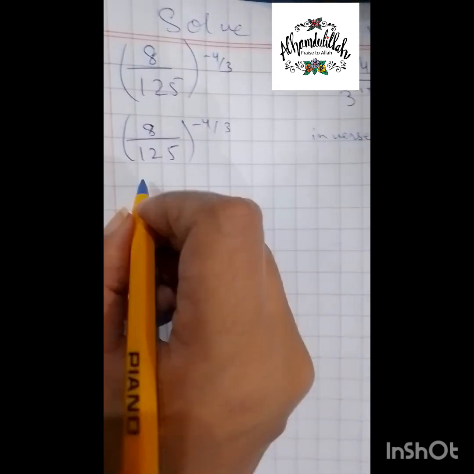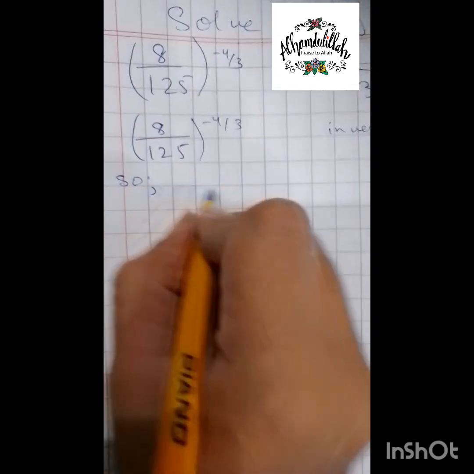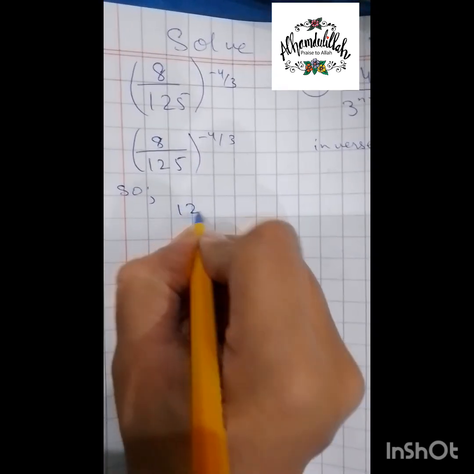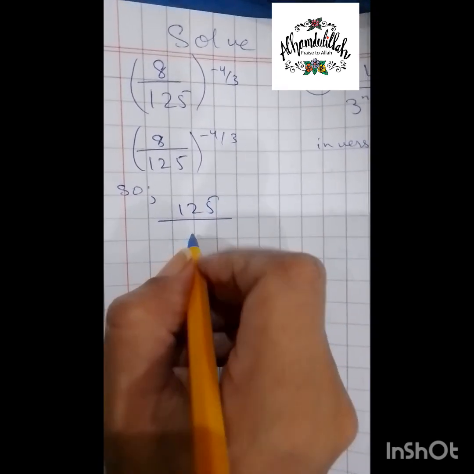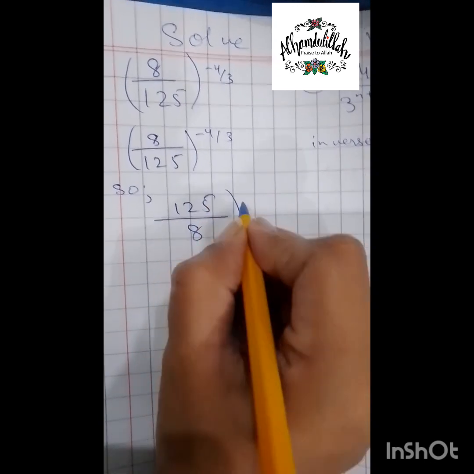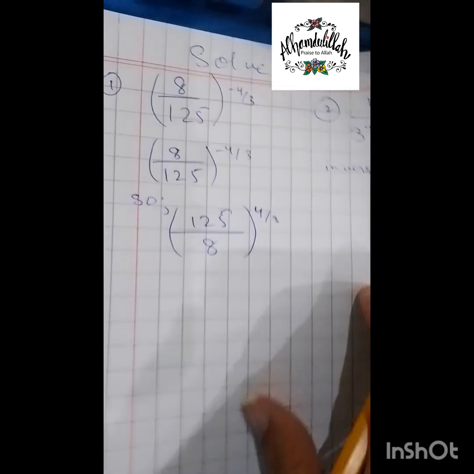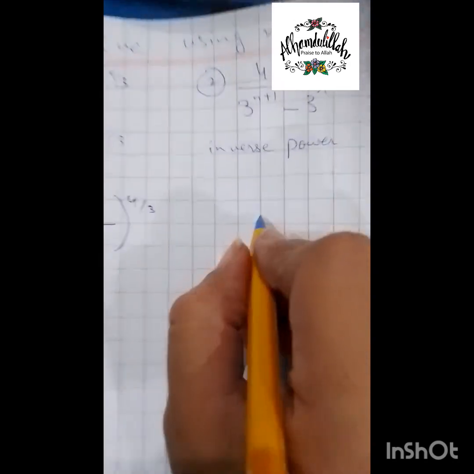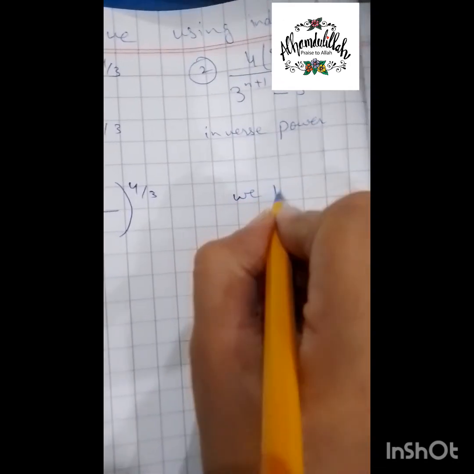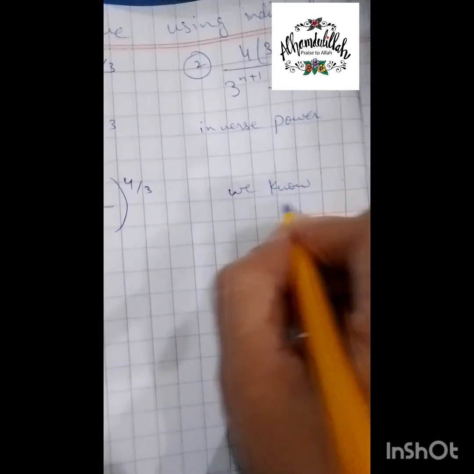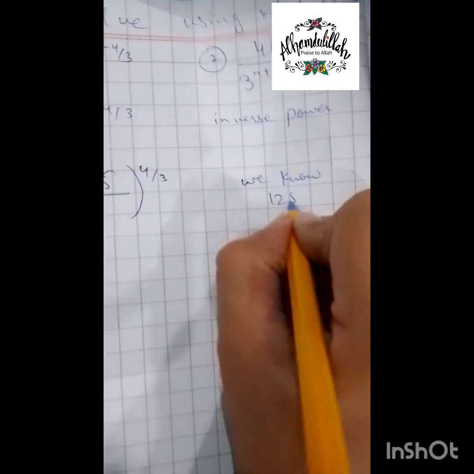You need to always mention the rule or the law by which you are working on in this question. So it will be reciprocal just because of the inverse sign. The inverse sign has gone, as you can see. So we will write the denominator as the numerator and the numerator as the denominator.